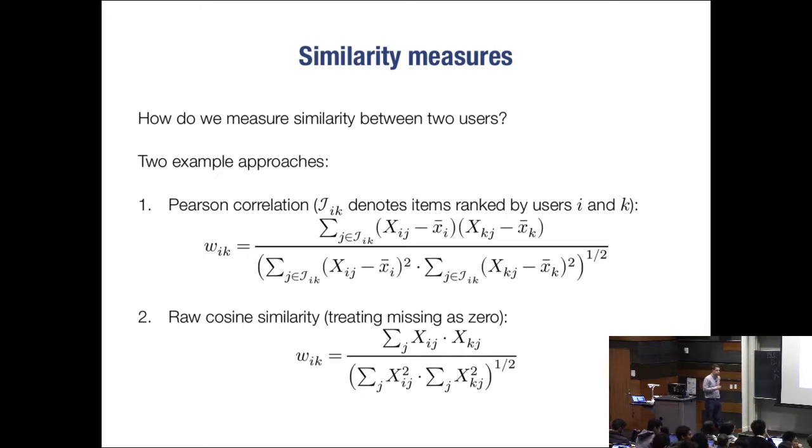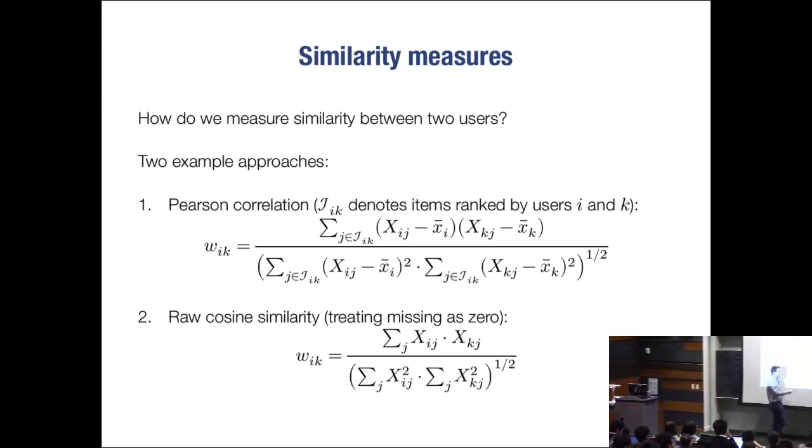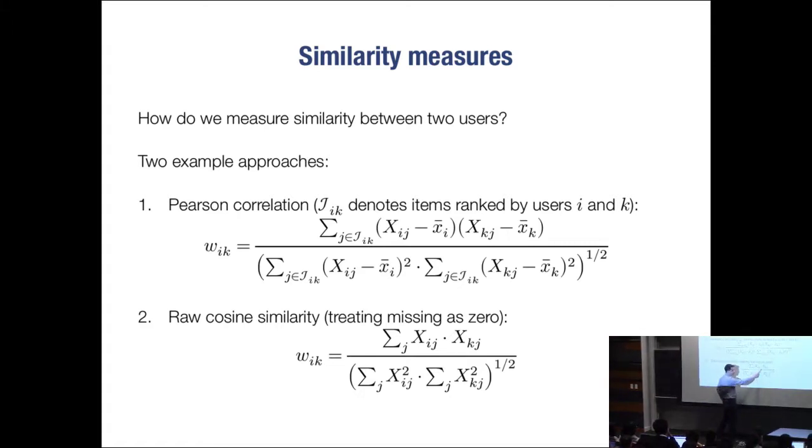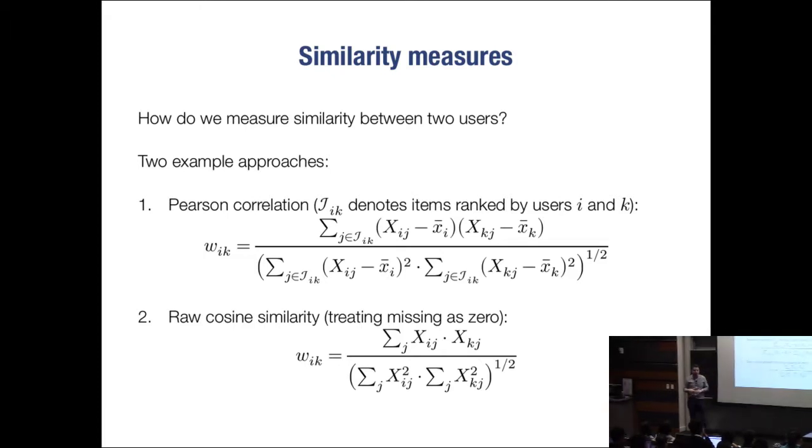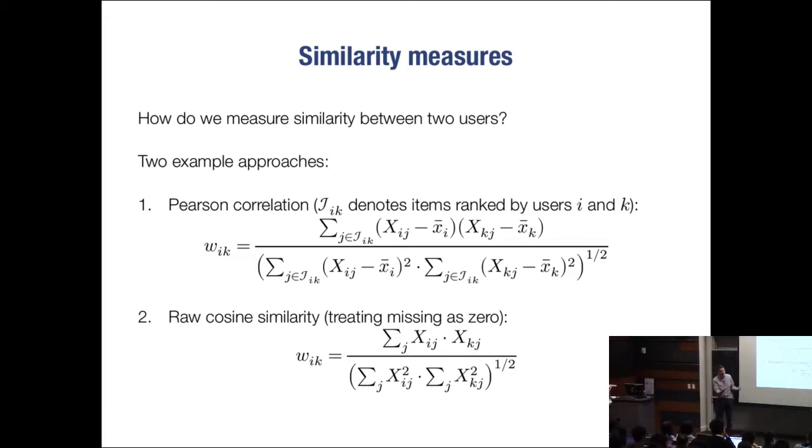I'm not sure I follow the whole thing. If they don't have any in common, then because we're treating missing things as 0, this term will always be 0, so they'll always have 0 similarity if they don't watch anything in common. So here you're using the fact that 0 is sort of meaningful, even though it's not really meaningful.